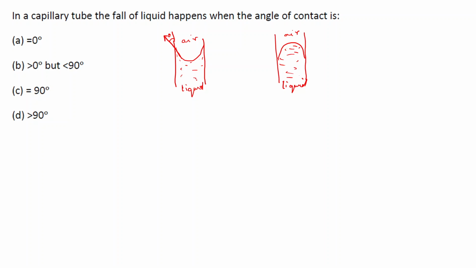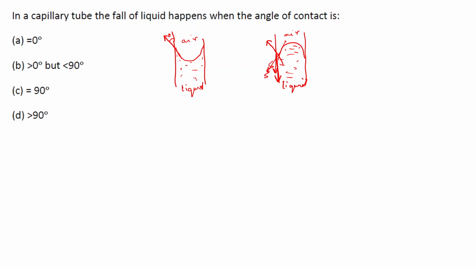The angle is made when we draw the tangent to the surface, which is in this direction.